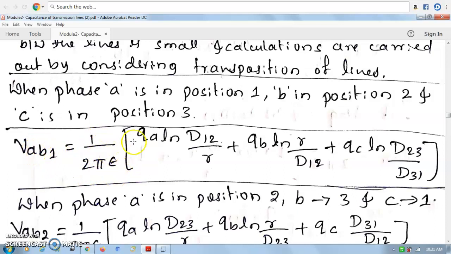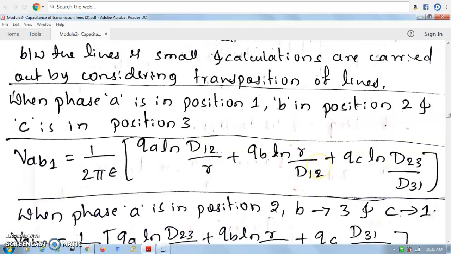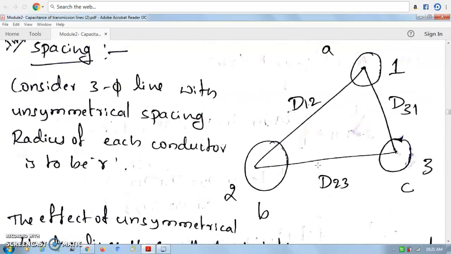Here for B, already I said, the reverse order: QA ln D12 divided by R, and here R divided by D12. See here VAB for the first position, D divided by R and here R by D, between the A and B conductors.